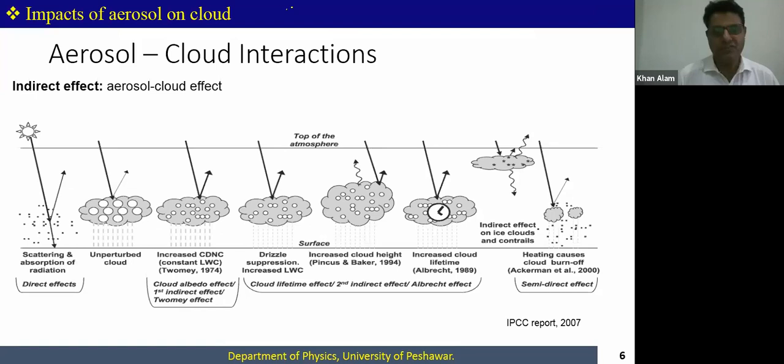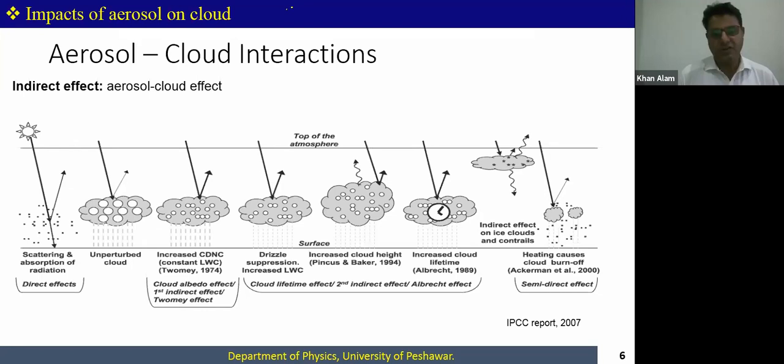Aerosol also increases the lifetime of the clouds. If there are very small particles, a very large number of particles, they will not fall down because they are very fine and they are mixed with the clouds. So it can enhance the cloud lifetime, and it is also called the indirect effect or Albrecht effect.